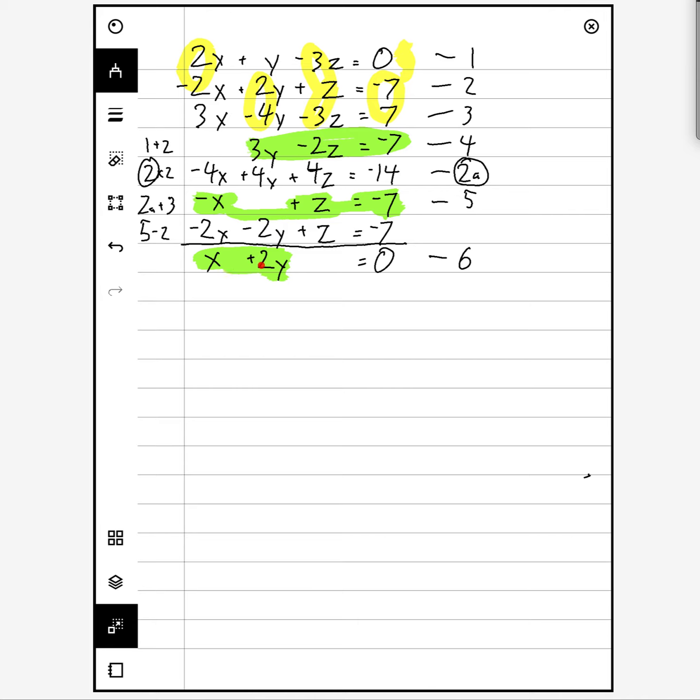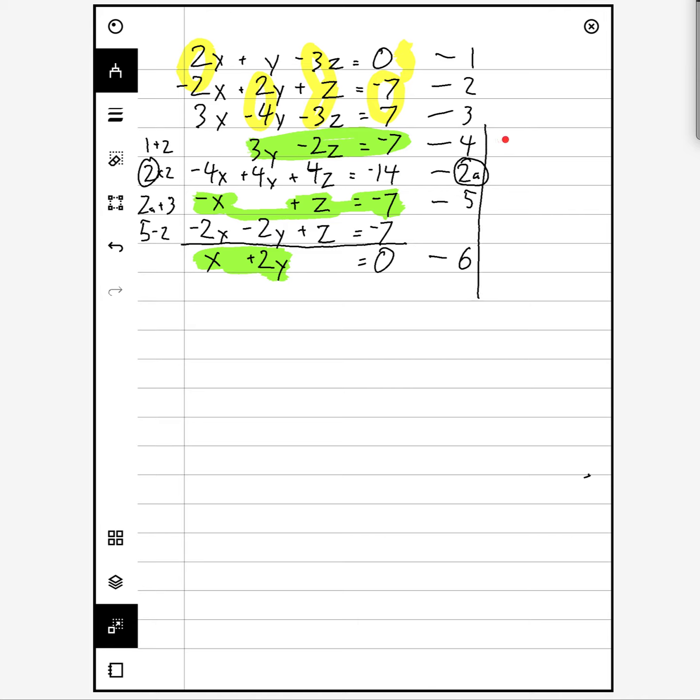You can make this equation x equals -2y, or this equation, z is equal to x minus 7. So I'm just going to draw that here.